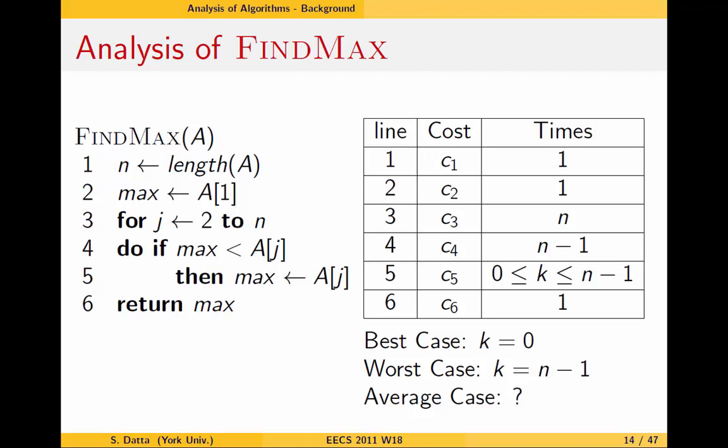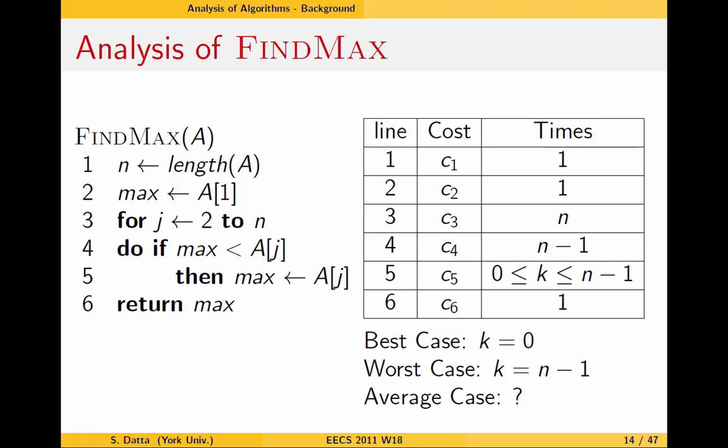So think of an input that will force line 5 to be always executed. If it is sorted in increasing order, the second one is going to be bigger than the first, the third one is going to be bigger than the second, and so it's going to get assigned every single time, right?